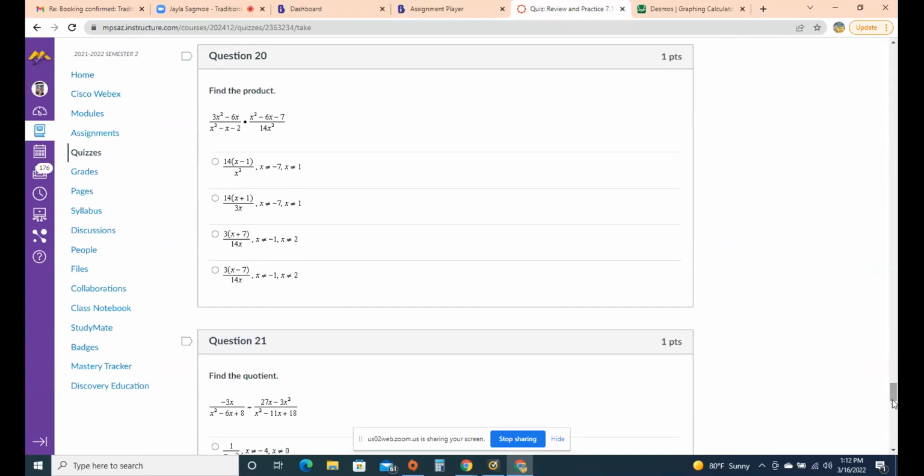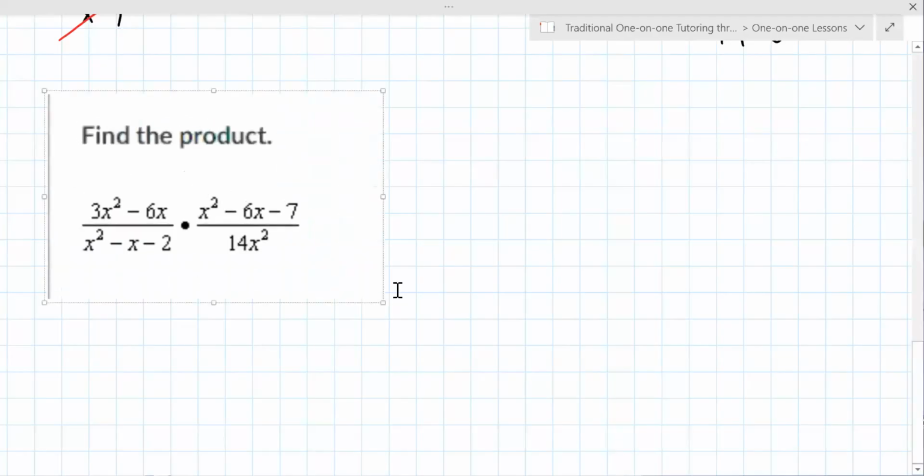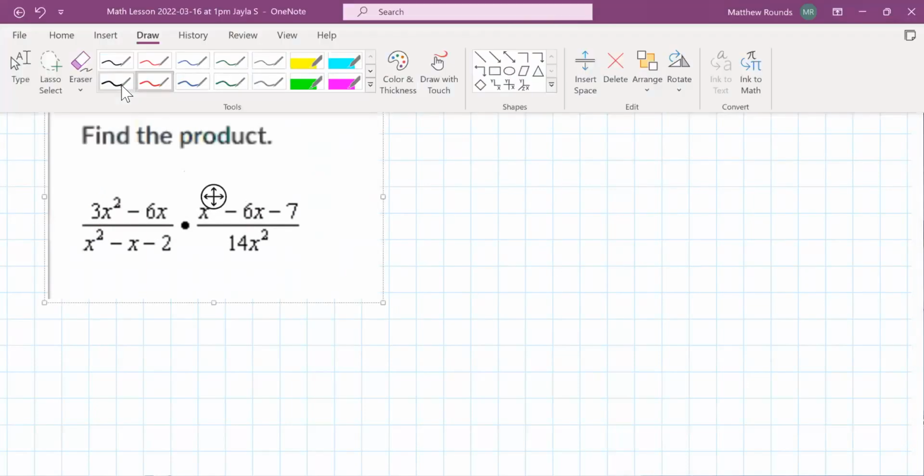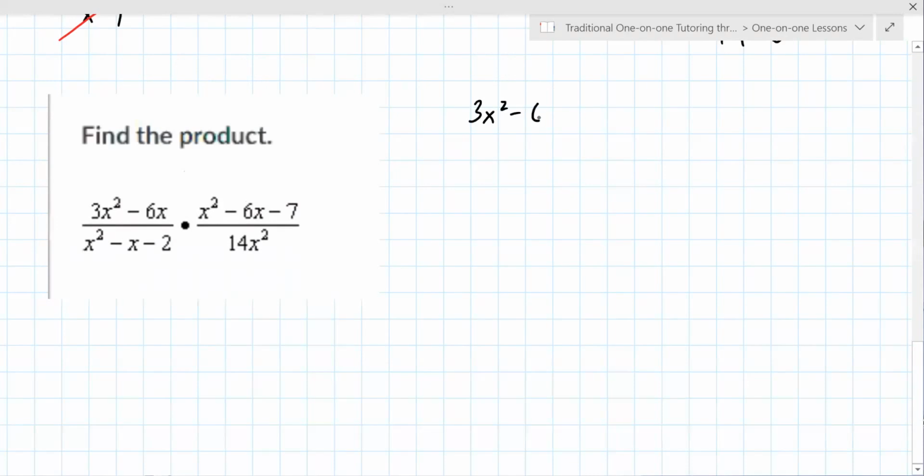Okay. All right, so it says find the product, same situation as before. Let's look at this one on the top left, 3x squared minus 6x.